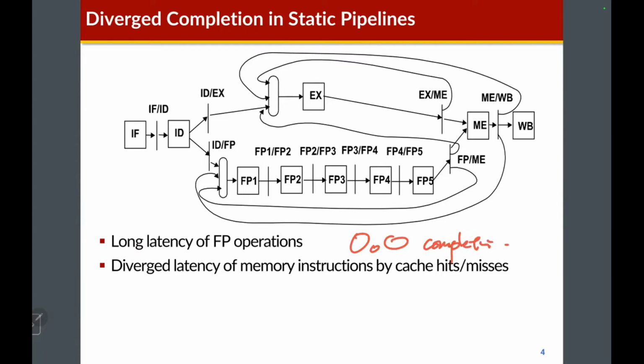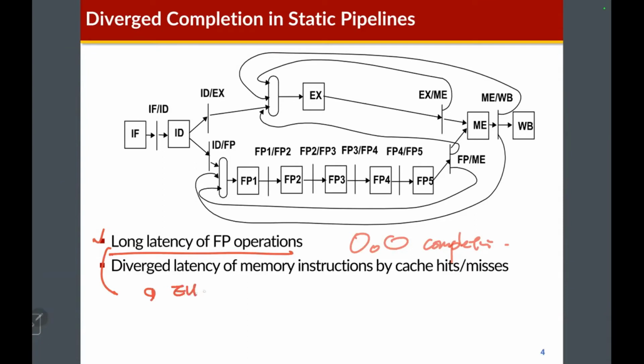So in this architecture, as I explained, the latency of the floating point units is longer than the latency of the integer unit. But in this processor architecture, we can find that there are multiple execution engines. Then how can we reorganize this processor architecture?